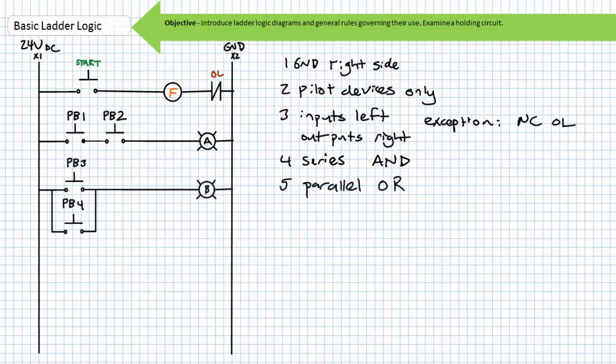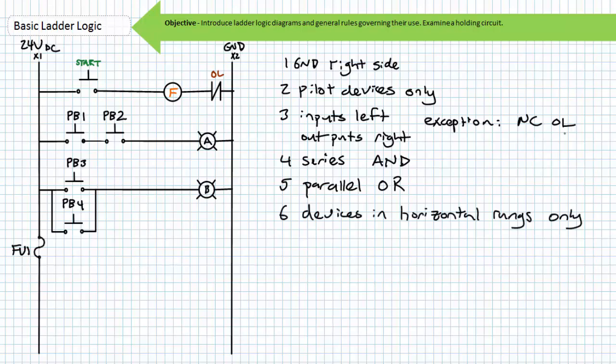A parallel connection of two normally open switches means either push button 3 or push button 4 must be closed, or both together, to energize lamp B. This is the logical OR operator, and its function is readily apparent as illustrated by the ladder logic diagram.